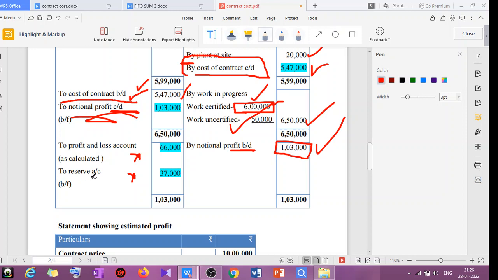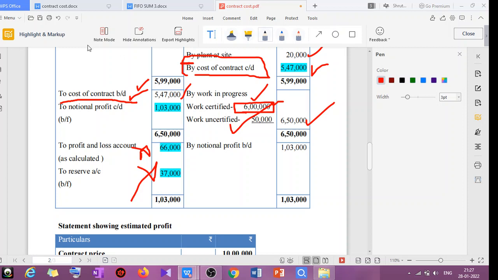So before, how we used to calculate the profit, it was based on the percentage of work certified. But now it's not like that, because again we have incurred some expenses and your profit will change. So that's why we won't calculate this based on the percentage of work certified.